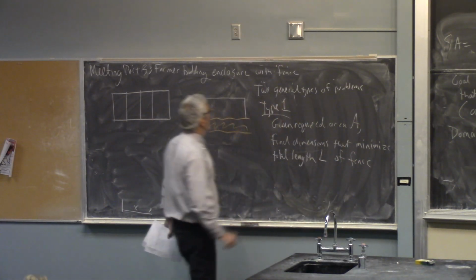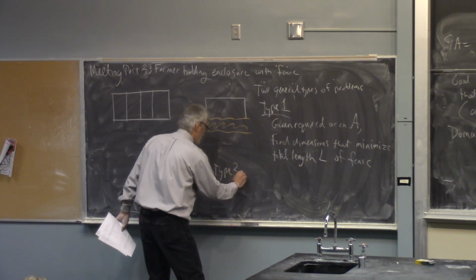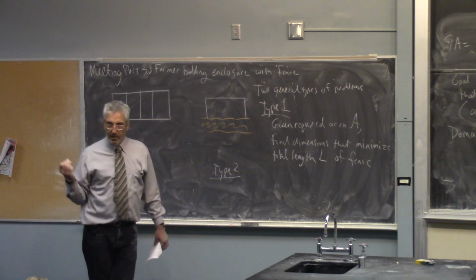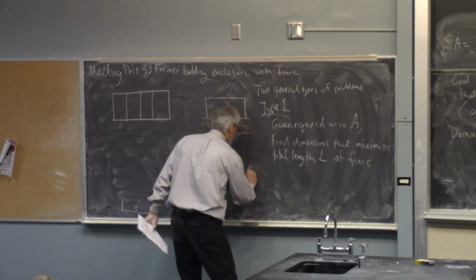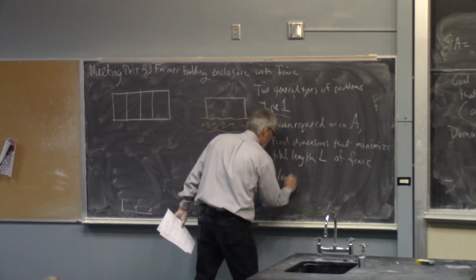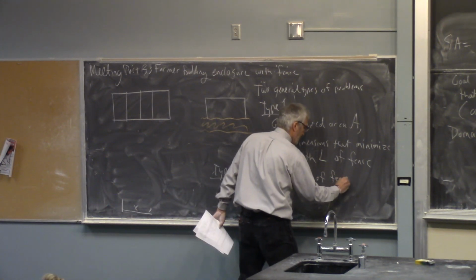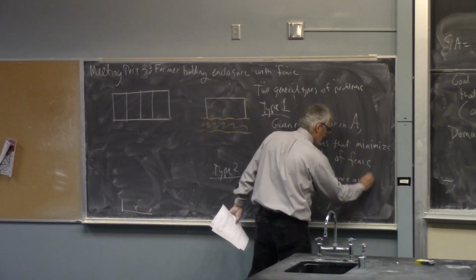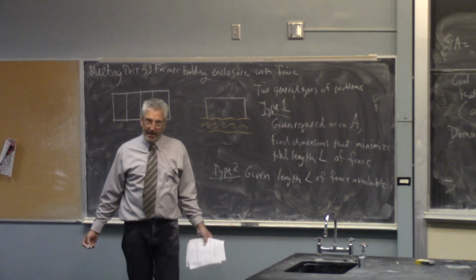That's type 1. Type 2 is, given an amount L of fence that's available, find the dimensions that maximize the area.